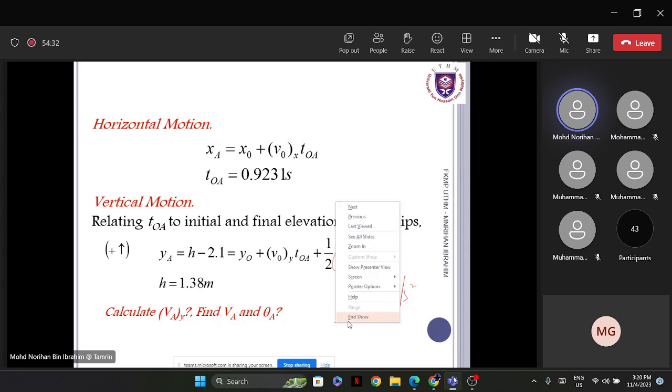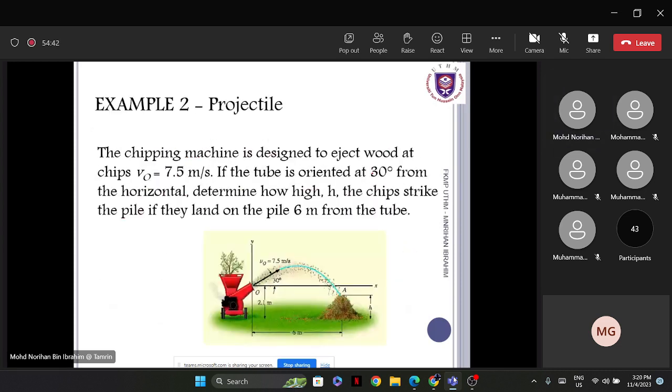Is there any question? I want to show you the other method of solution for this example. Example 2. If you look at this one, its origin is at O. We can put the origin at the ground as well. I will show you after this.